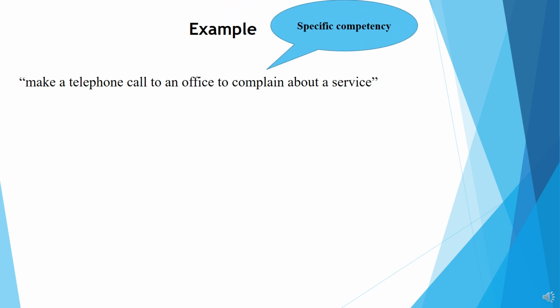To get it well, I invite you to examine this example. You have this specific competency, that is, make a telephone call to an office to complain about a service. This is, let's say, a real-life situation that anyone can encounter.